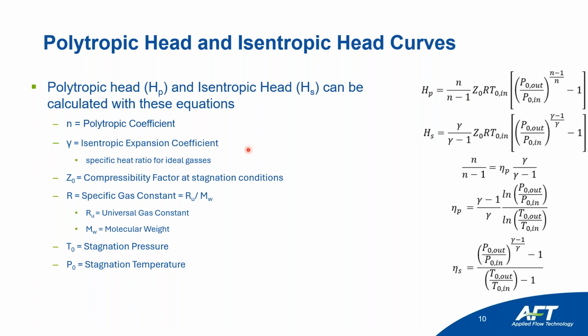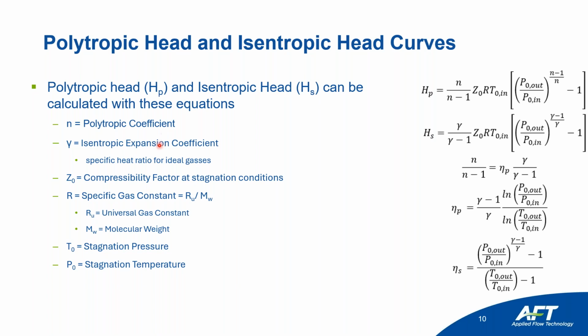For ideal gases, that's the ratio of specific heats. Just keep in mind, if you're dealing with a real gas, it's not that simple. The formula is a little bit more complex, or you can calculate it with a property tool with pressure and temperature, or a set of tables. For real gases, it's not as simple as the specific heat ratio.